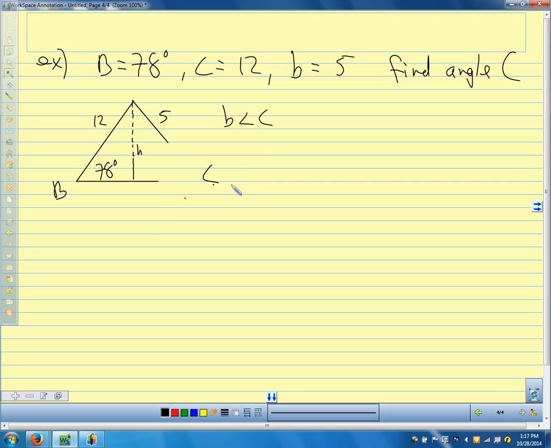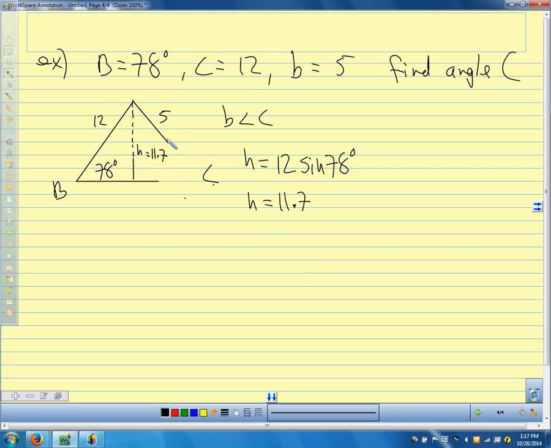Our height equals 12 sine 78 degrees. And I plug this into my calculator, I get height equals 11.7. So this height is 11.7.